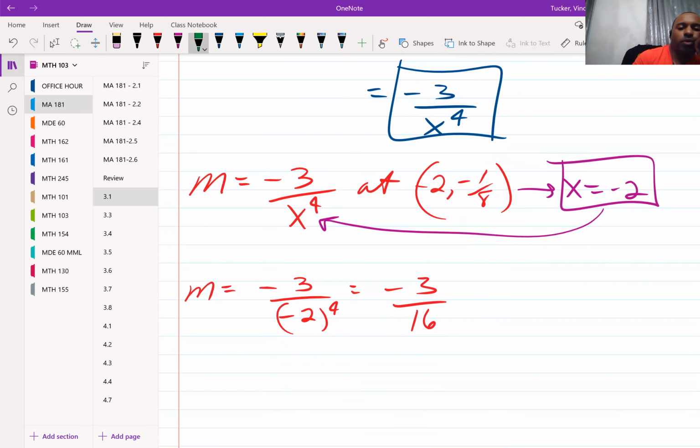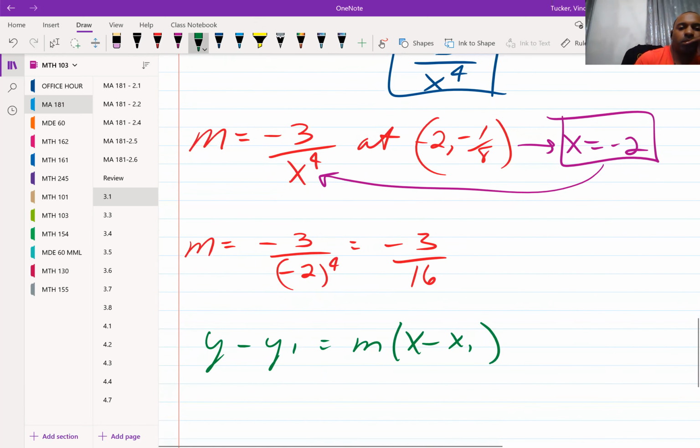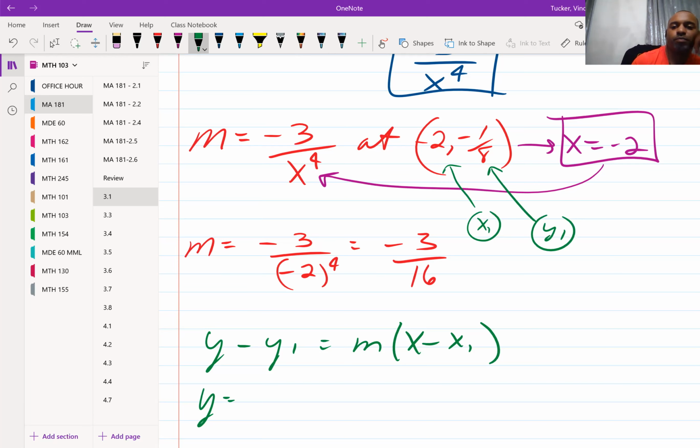And now we use our point slope formula. Getting it from the point, we just label our slope. Right here is our x1, this is our y1, as far as our formula is concerned.